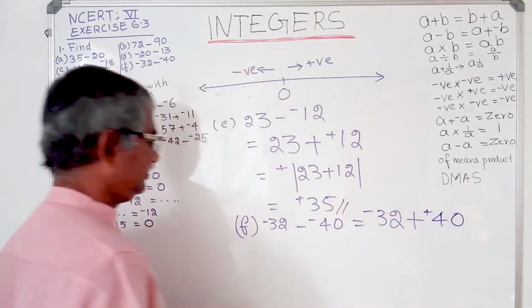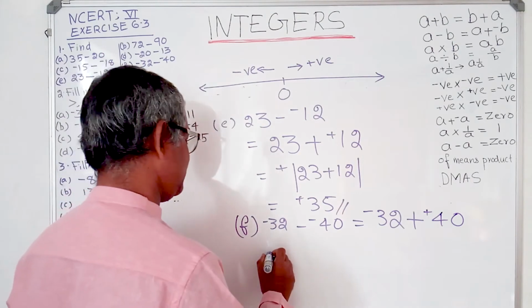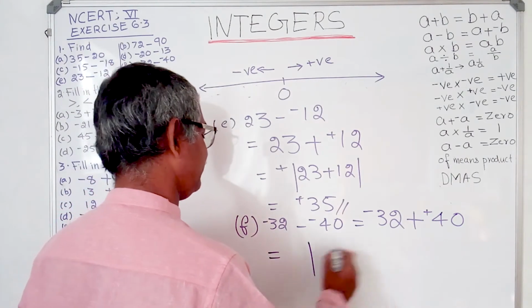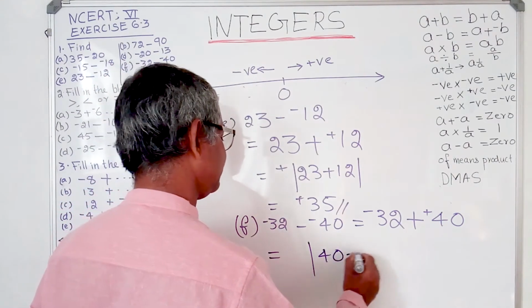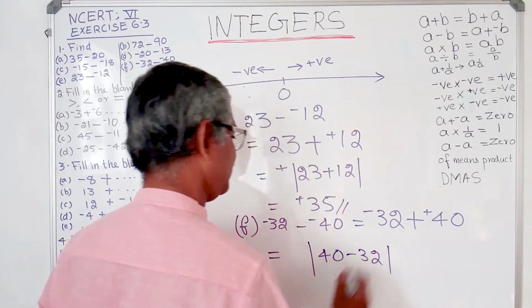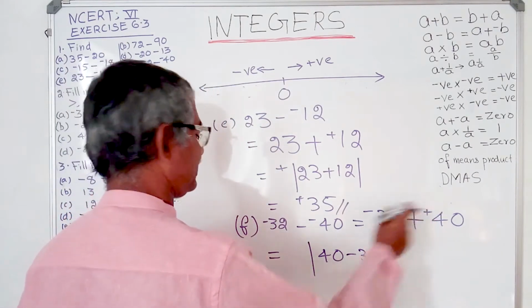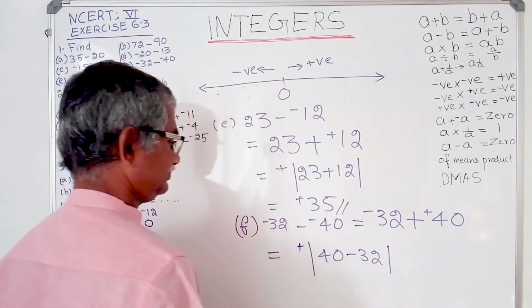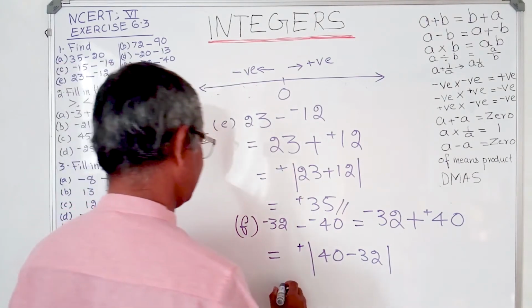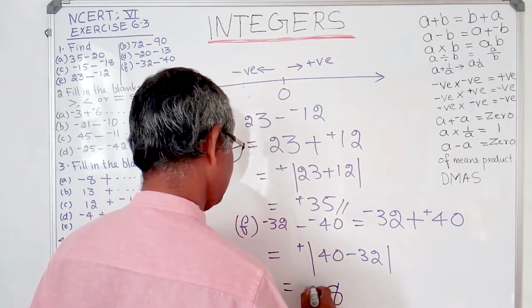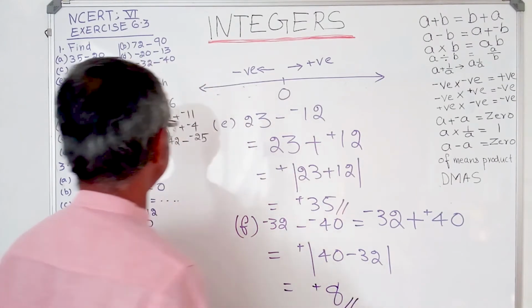One is negative, the other is positive. So we are taking the difference of absolute values. Put the sign of the number of larger absolute value. So 40 minus 32 is 8. Put positive sign. This is the answer.